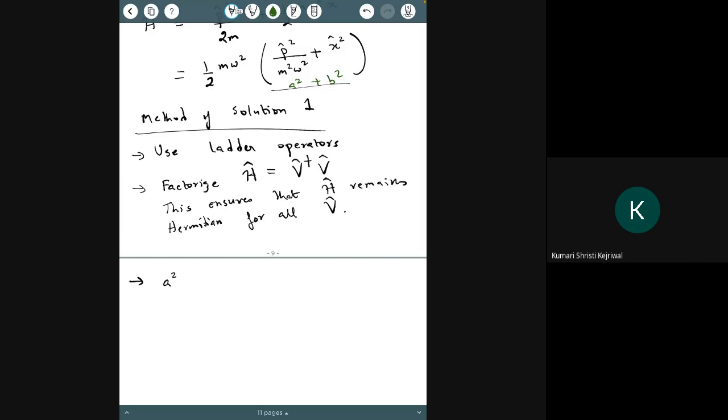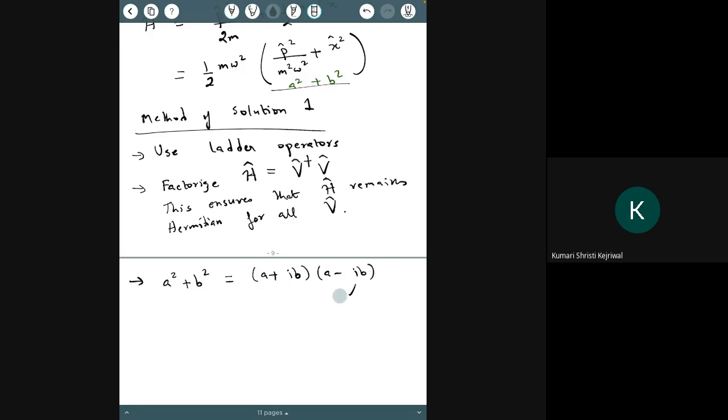Okay, so now we look at the Hamiltonian more carefully. It has basically a square plus b square form. Now we know that a square plus b square algebraically can be factorized into a plus ib times a minus ib. So this you see is a V dagger V form, for example.